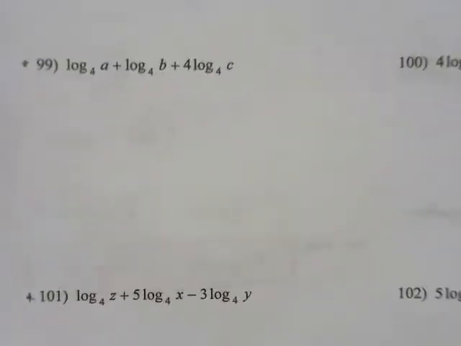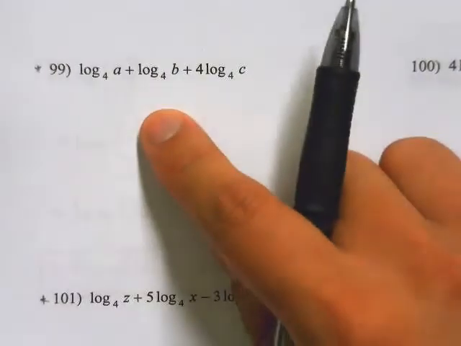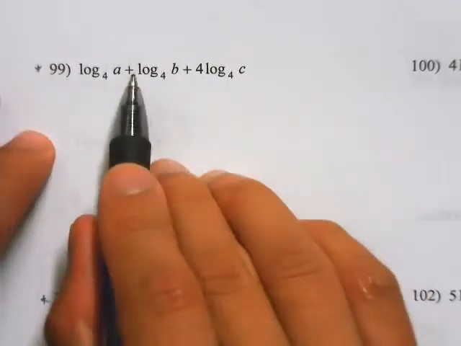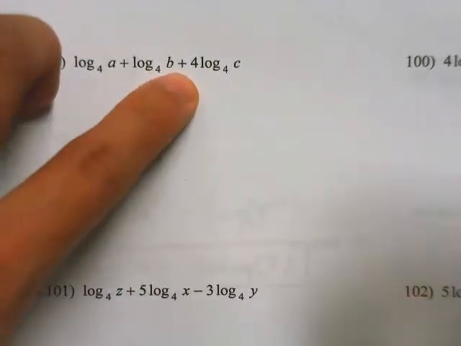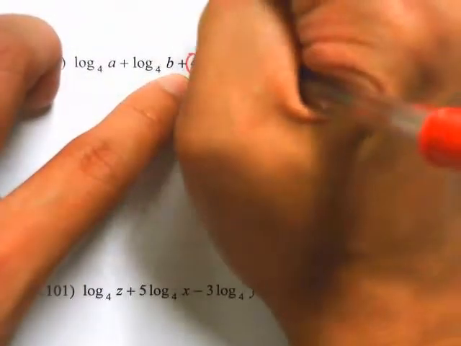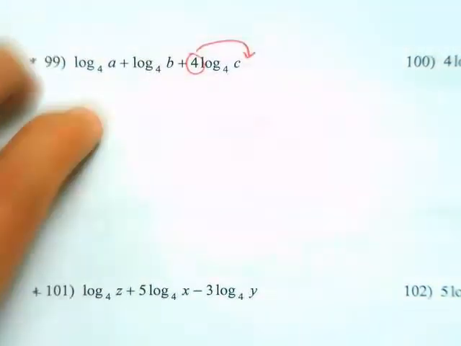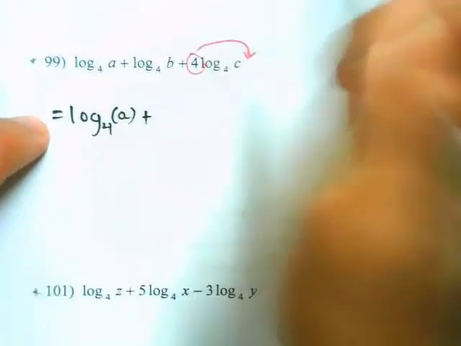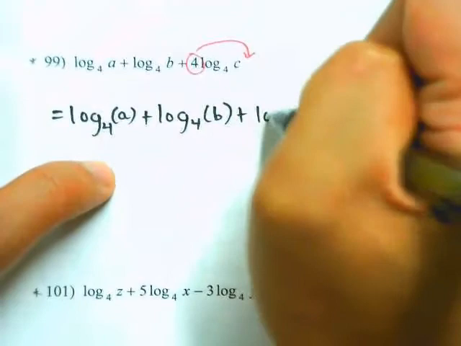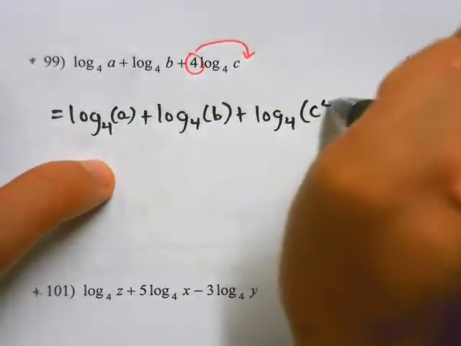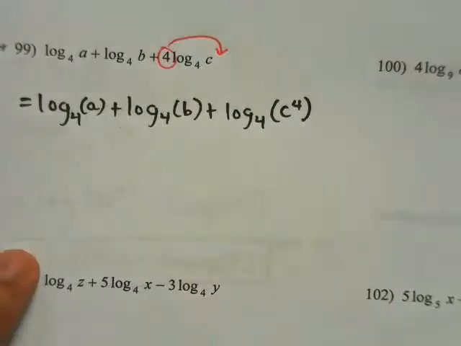99. Okay, 99. We got plus, and then we got that 4 over here. So maybe that 4, we can probably put it as an exponent first. And so let's go log of a base 4 plus log of b base 4 plus log of c to the 4th power base 4.